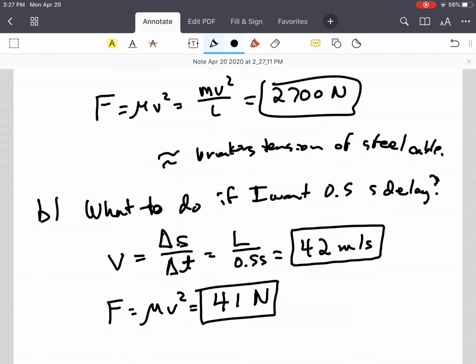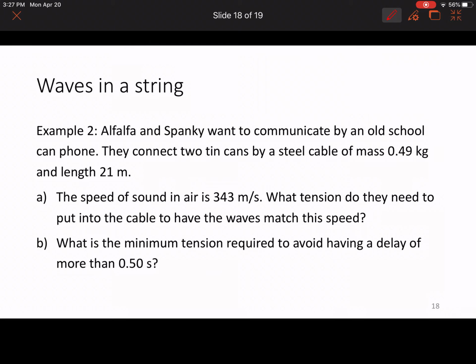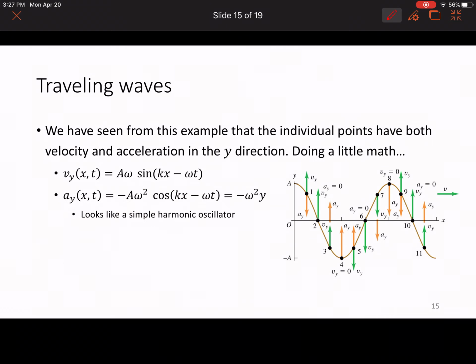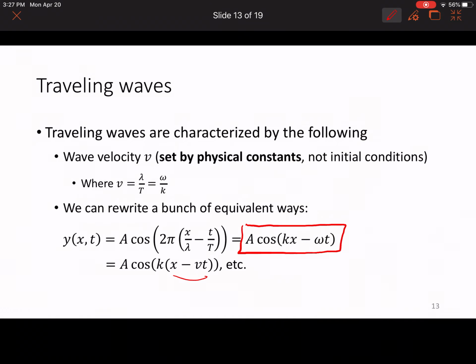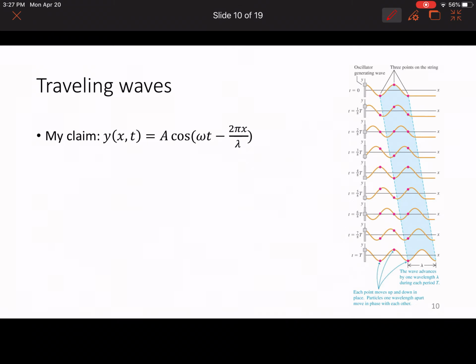So this is how waves travel on a string. And the important things that I want you to take away from this class today is that waves are excitations, are disturbances on top of a background. So waves are disturbances on top of an equilibrium.